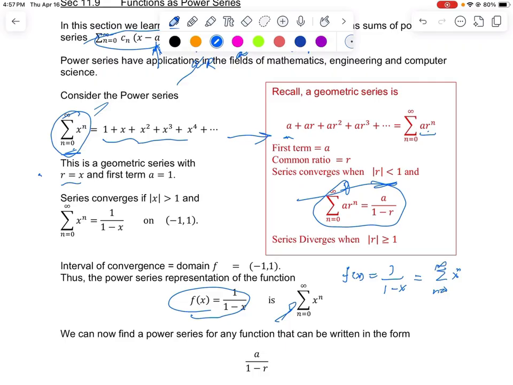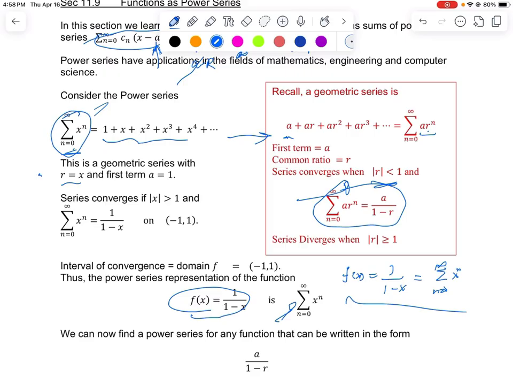This is the power series representation of 1 over 1 minus x. Okay, now that we have understood what it means to be a series representation, just remember this example, because all the other examples that we will do in this section are based upon this one, the simple geometric series.